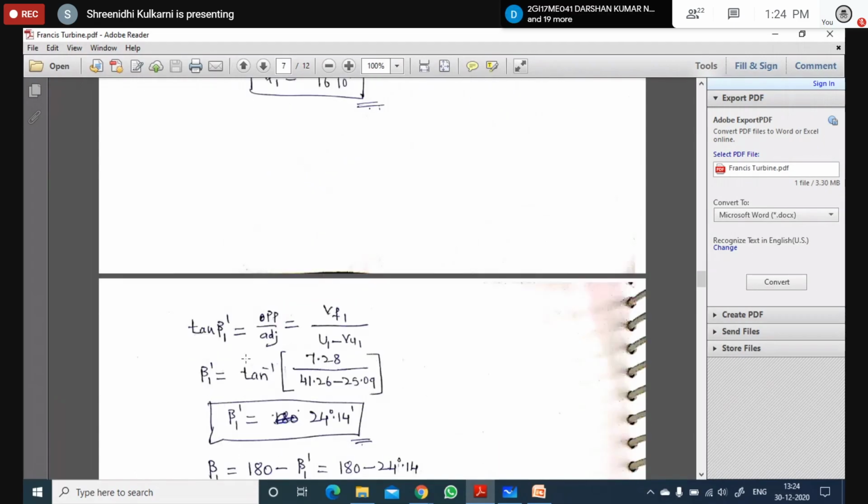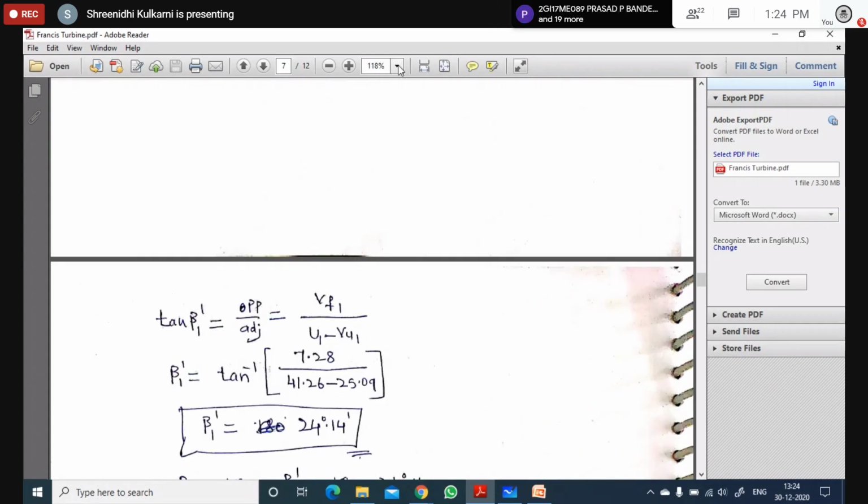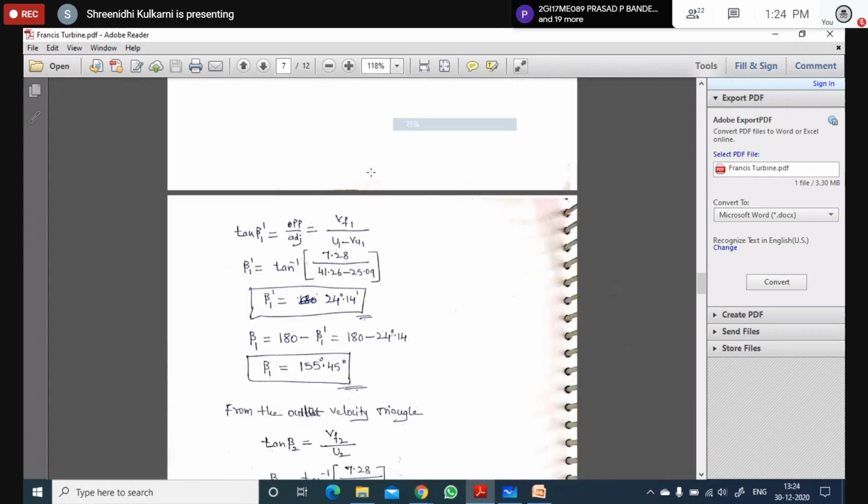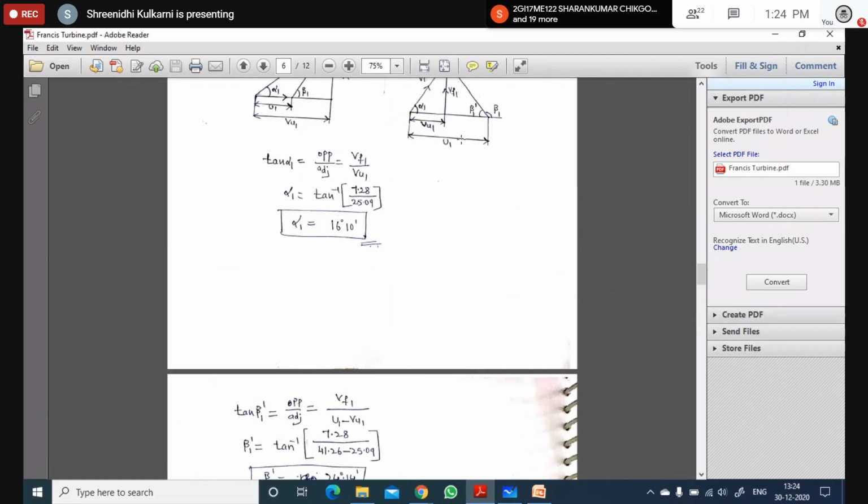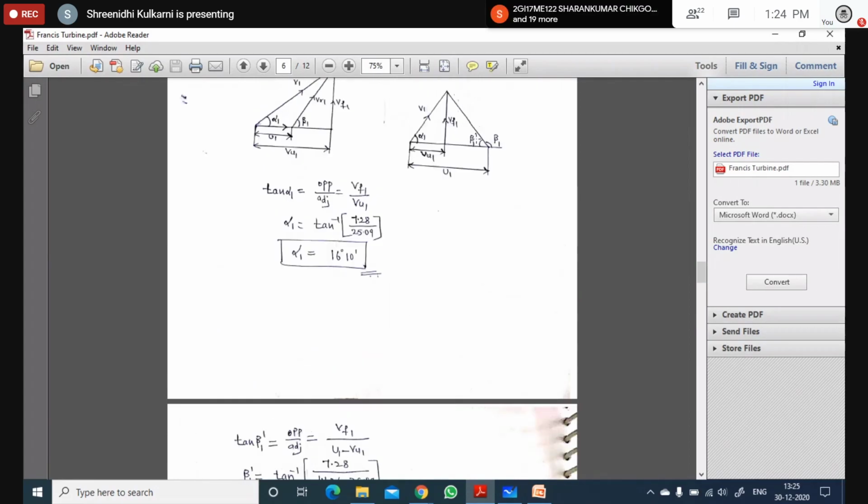See, beta 1 dash is opposite by adjacent. So tan beta 1 dash is opposite by adjacent, this distance, so VF1 by U1 minus VU1.